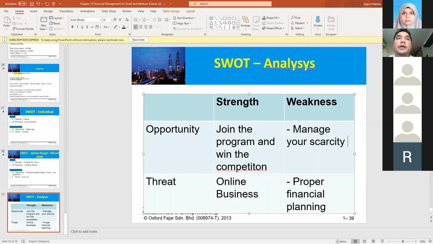Maybe in the first month, second month, third month, how you are growing. For example, you have 1,000 ringgit, but you can grow your money from 1,000 to 5,000. This is how you cover your weakness and show the opportunity that you are capable of growing the money. Okay, so how do you use your strength to avoid the COVID-19 threat?